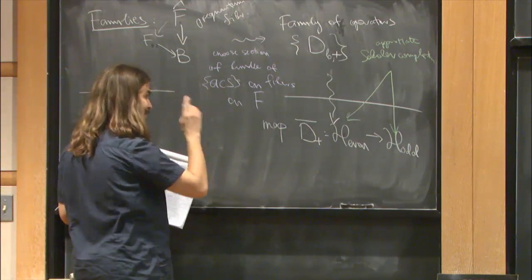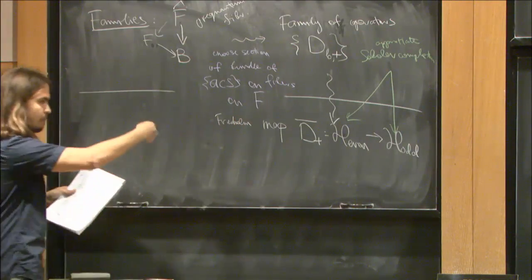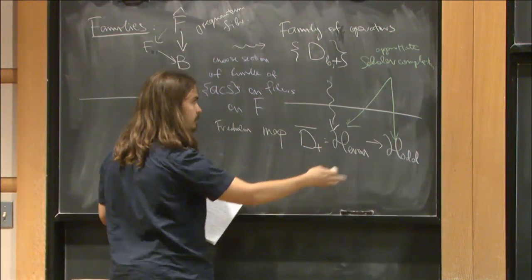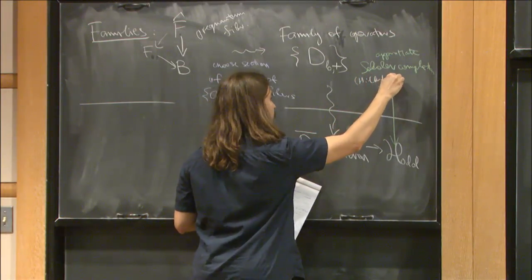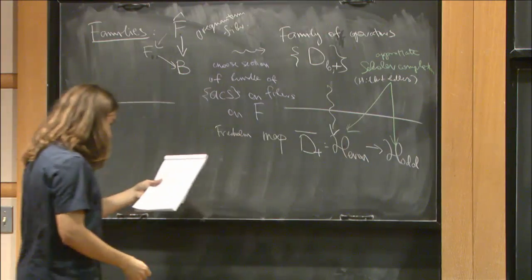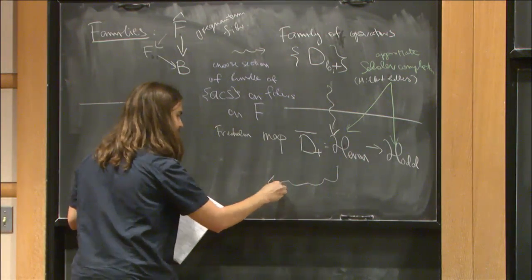All of these are Fredholm maps of Hilbert bundles. So these are Hilbert bundles, and Hilbert bundles can be trivialized, right?